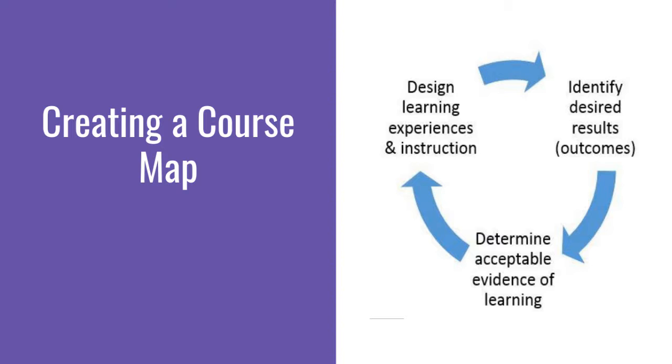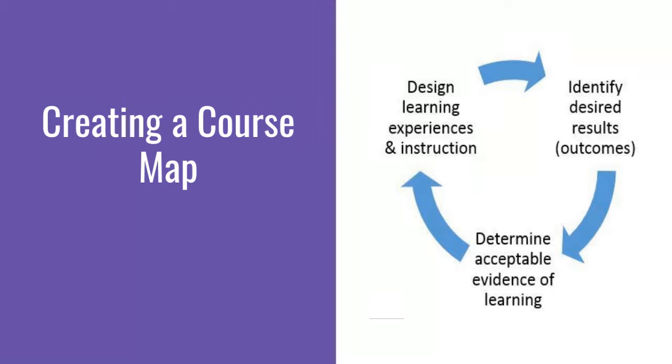When the students complete the course, what are they expected to be able to do? These are really the main objectives of the course, and all of your resources, modules, assessments, and module objectives are going to tie back into these course objectives. So they're the most important part of the course map process.